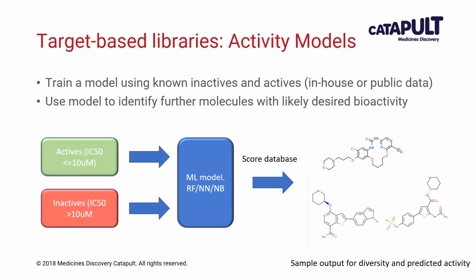And this would be a way of finding compounds with high confidence of addressing your biological target. You probably wouldn't want to select simply the top N that your machine learning model predicted. You would want to look at diversity within the output and select from that with care.